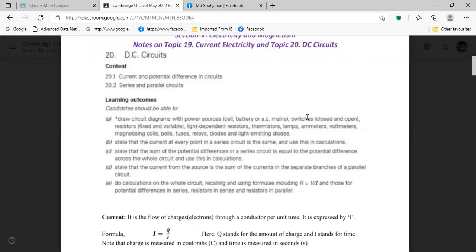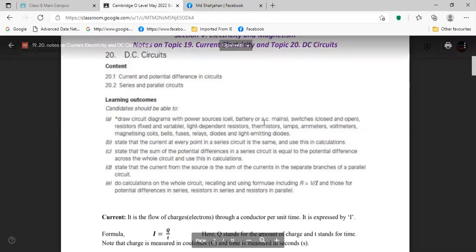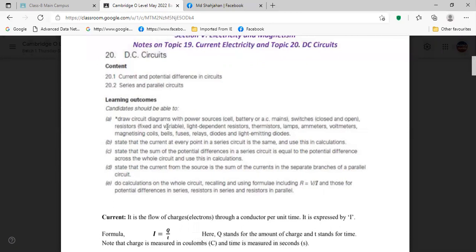AC mains, and after that we have switches, closed, open, mode 2. Then resistors, fixed and variable, 7. The light dependent resistor, 8. Then 9 thermistor, lamps, 10. This way, whatever is written here, all these symbols are available there.